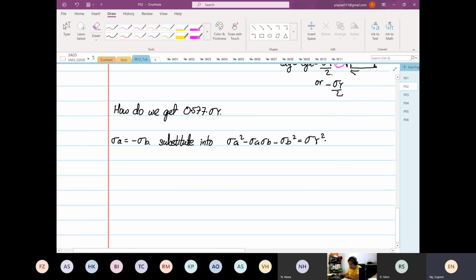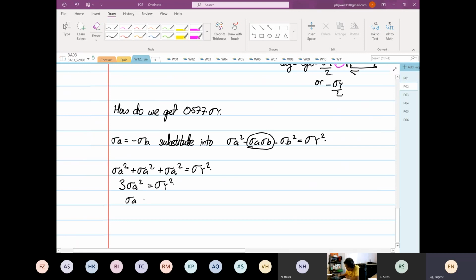Once we have this, this will be stress A squared, plus stress A squared, because once this term is over here it becomes plus. The third term is also plus stress A squared, and this whole thing will be equal to stress U squared. So 3 stress A squared is equal to stress U squared.